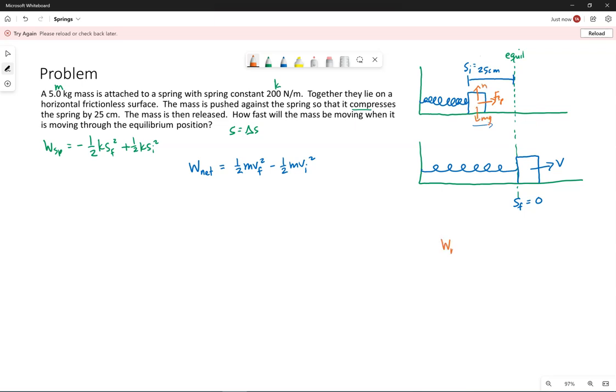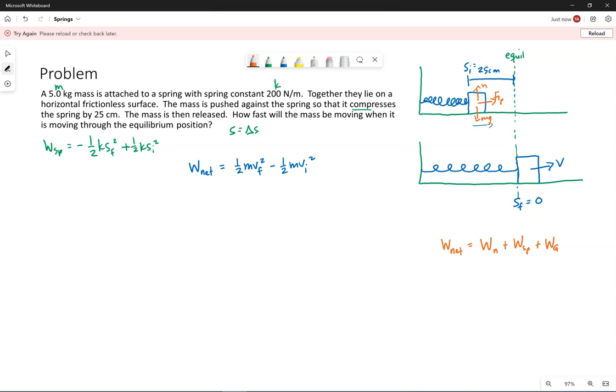So when we say net work, we mean the work done by every single force acting on the object, this block in general, as it slides.